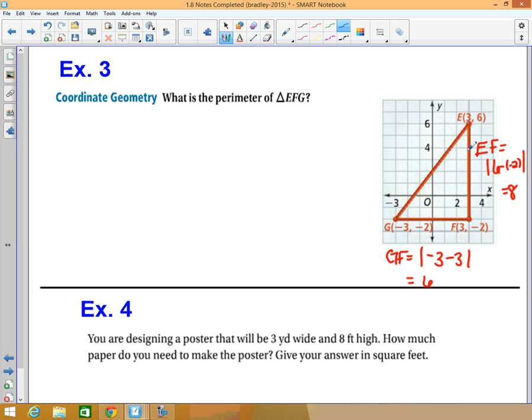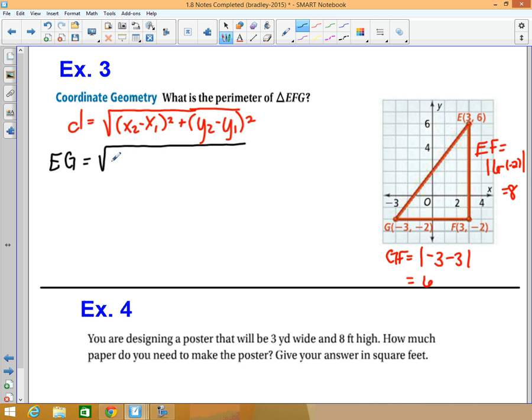Now, the next thing I need to do is find the distance for this side right here where both x and y are changing. So for that, I can use the distance formula. Remember, the distance formula is the square root of x2 minus x1 squared, right, plus y2 minus y1 squared. Okay, so the distance is EG. So we can substitute EG for D, and then I can substitute the values for x and y.